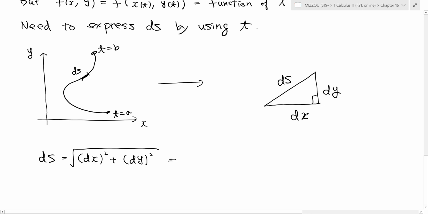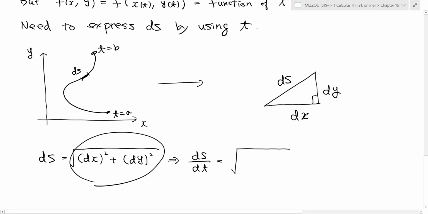So therefore, ds over dt is written as the square root. So you divide this by dt, and divide this by dt, but you have a square root, so dt goes inside the square root as a square, so we get this.